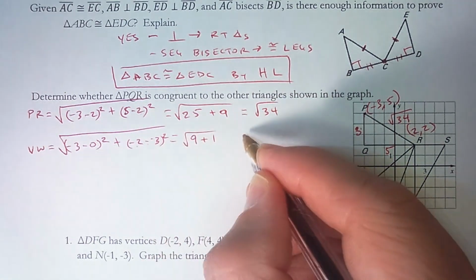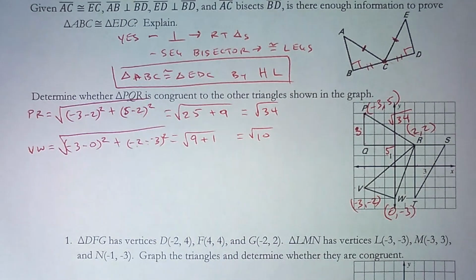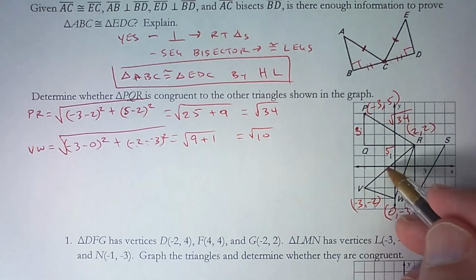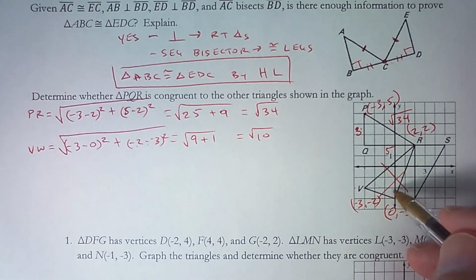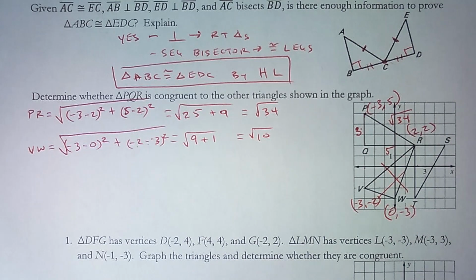Squared is 1. So I have here the square root of 10. The square root of 10 is not 3, it is not 5, it is not the square root of 34. So it is not part of a congruent triangle to triangle PQR. Okay, so because this one side does not match any of these, I know this triangle is not congruent to PQR. So how about RST?